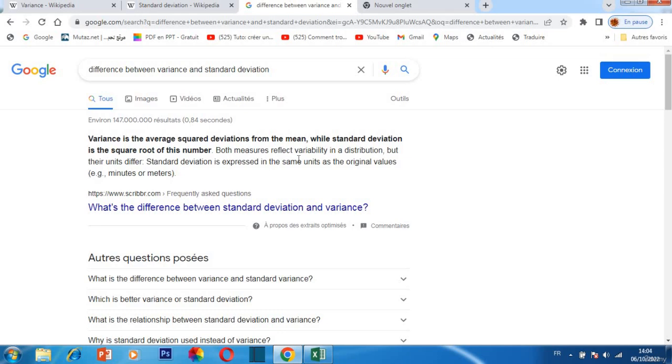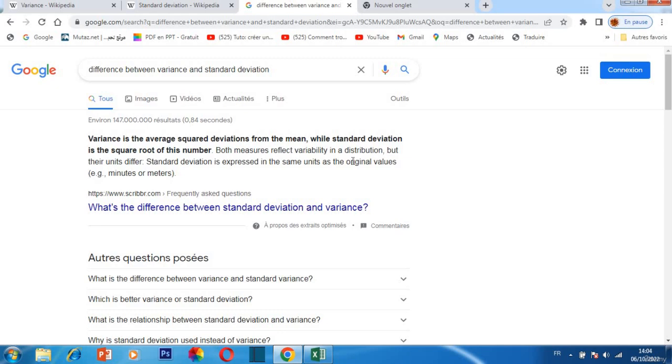Both measures reflect variability in the distribution. For the mean, it means there is a lot of variability. Both measures, there is no difference except in calculation. Both reflect variability in distribution, but their units differ.